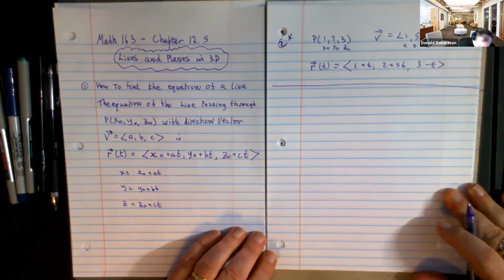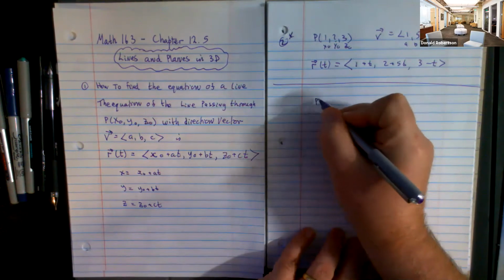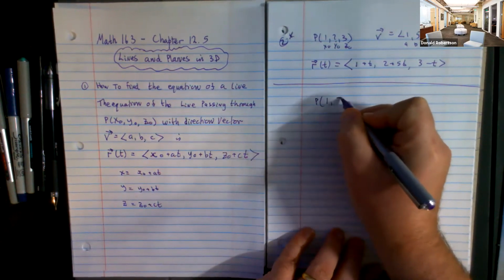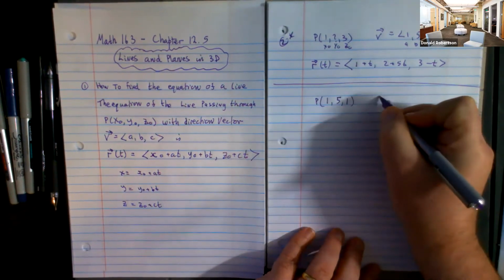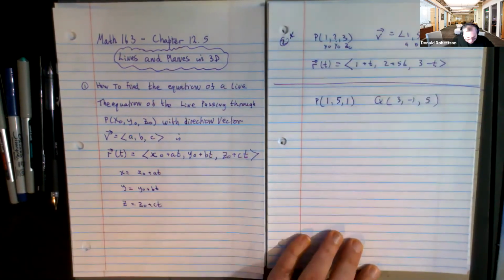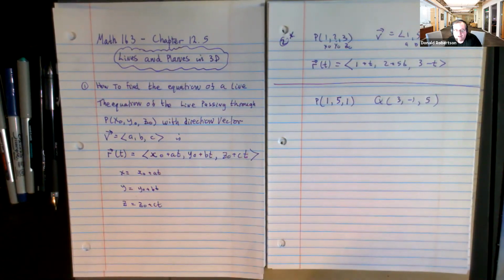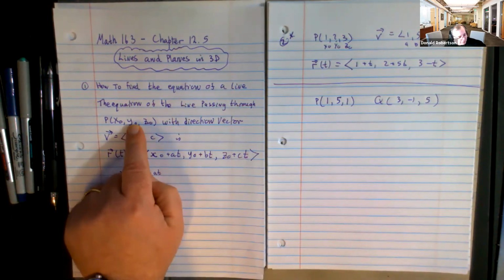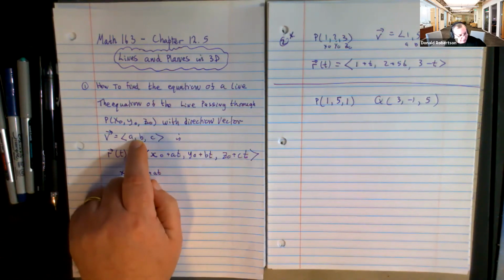Okay. Now, suppose I tell you the coordinates of a point P and another point Q, and I want to find the equation of the line that passes through those 2 points, then my goal is the same as it's always going to be. My goal is to find a point on the line and to find the direction vector.